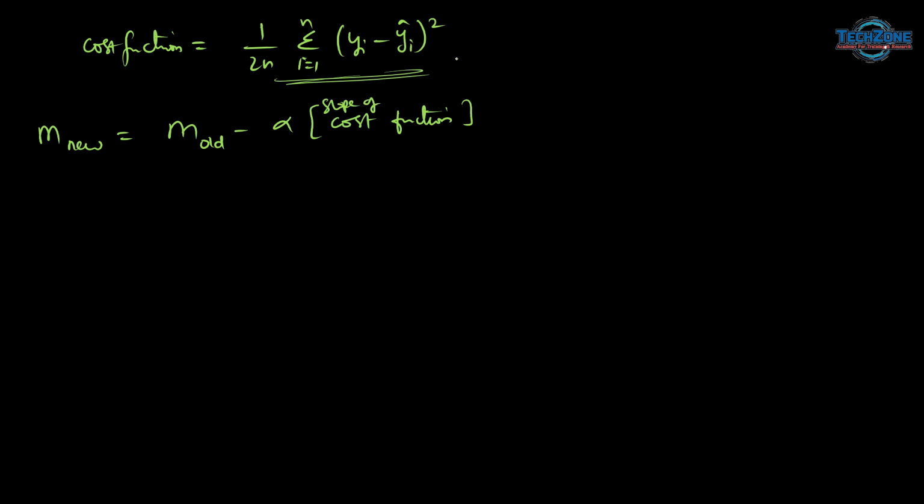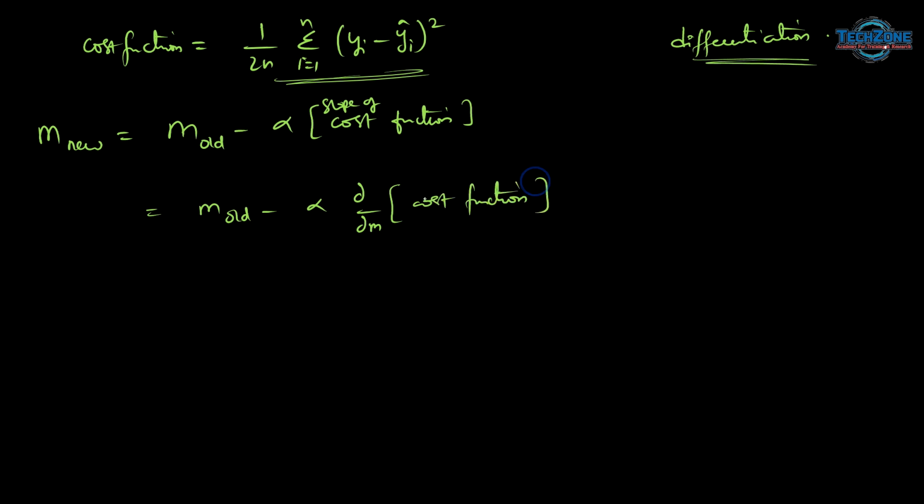How should we find the slope of any curve? Using differentiation. So this is m old minus alpha times the differentiation with respect to m of the cost function.